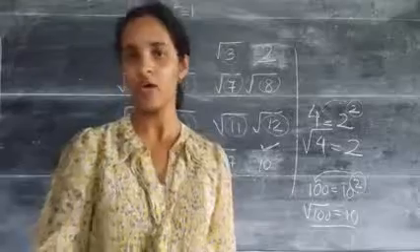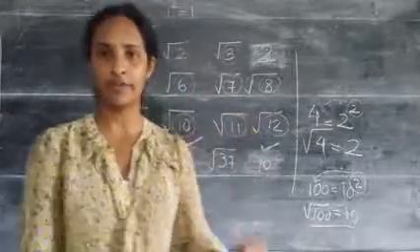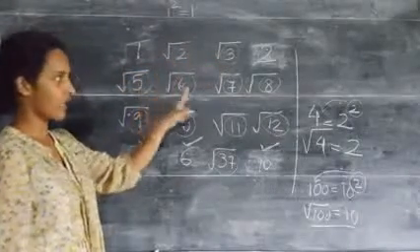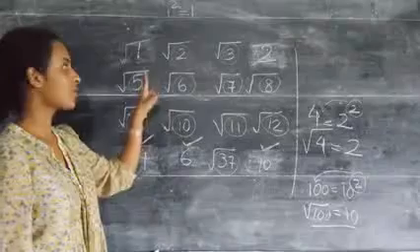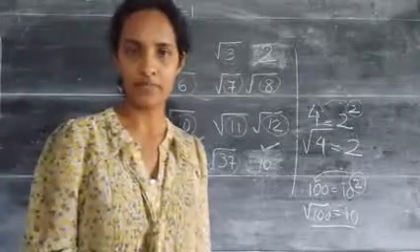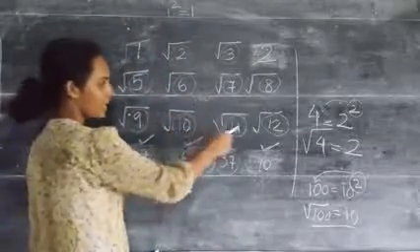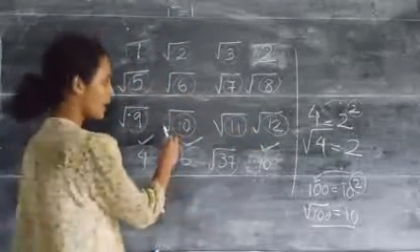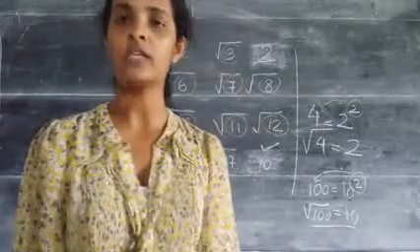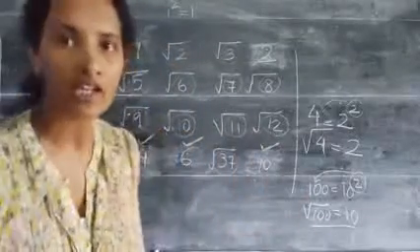Irrational number. What is the opposite of it? All the numbers which are not perfect squares, if you take their square root, you will get irrational numbers. So that is how we identify which one is rational and which one is irrational.